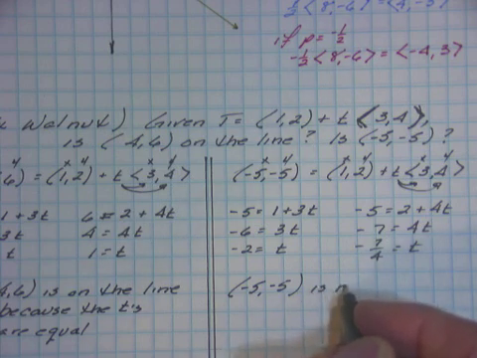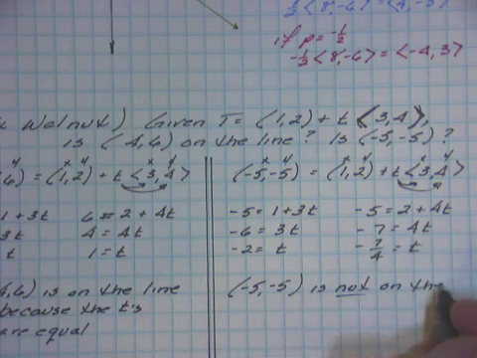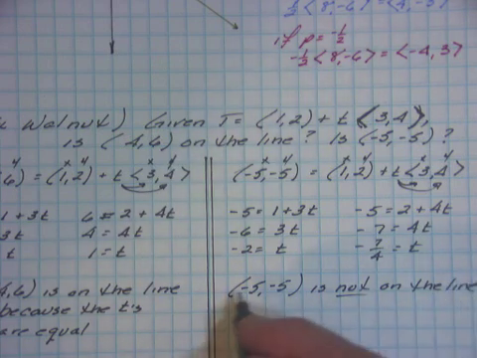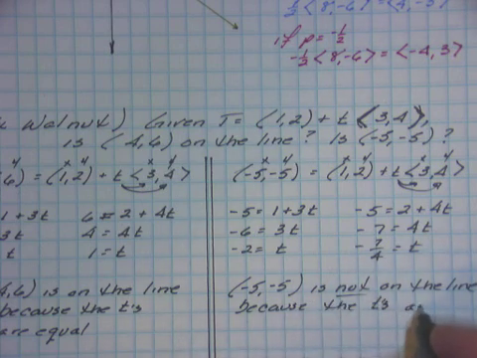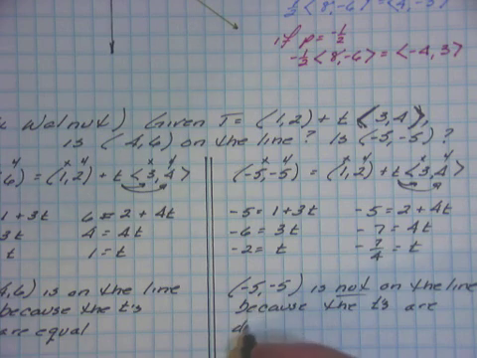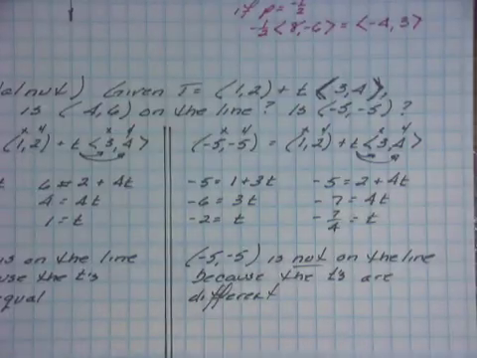So this point, -5, -5, cannot be on that line. It just wouldn't work. So -5, -5 is not on the line because the t's are different.